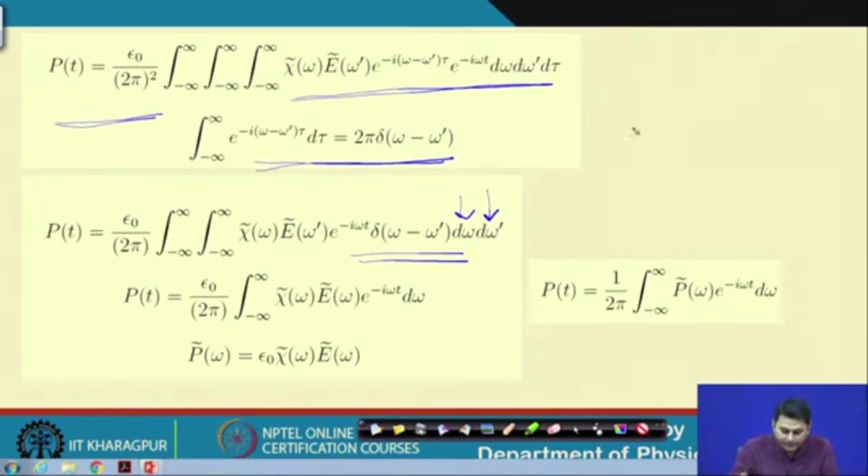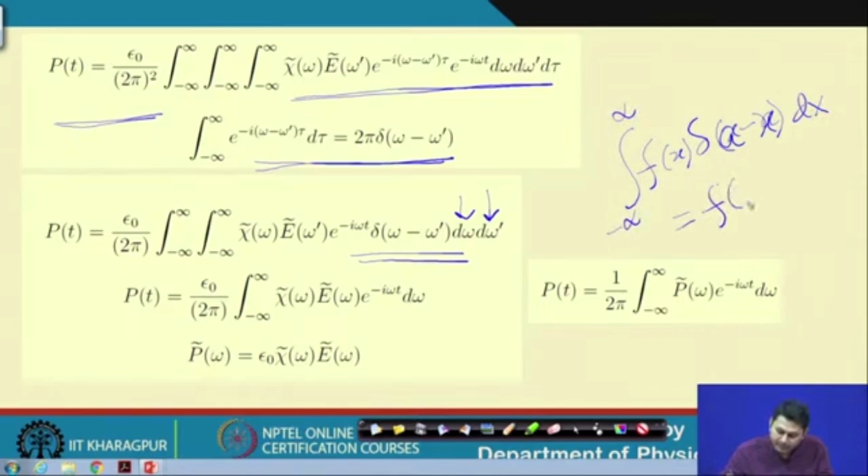We know that if I have some function of x, and there is a delta function, say delta(x minus a), and if I integrate it over dx from minus infinity to infinity, then I will eventually have the function of a. Here we are using the same principle: when we integrate, all the omega prime will be replaced by omega, and this integration will be gone.